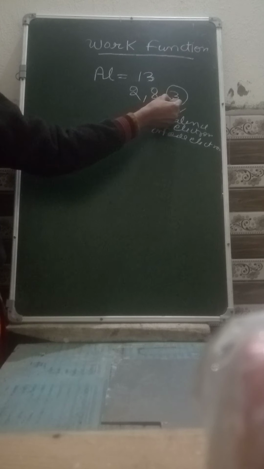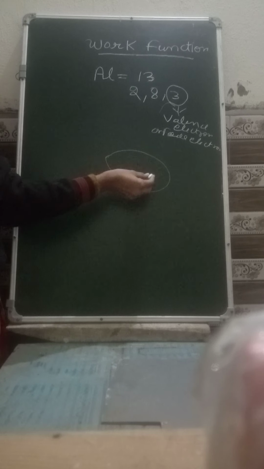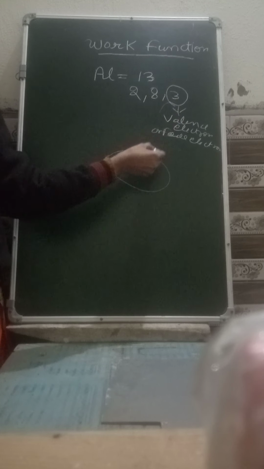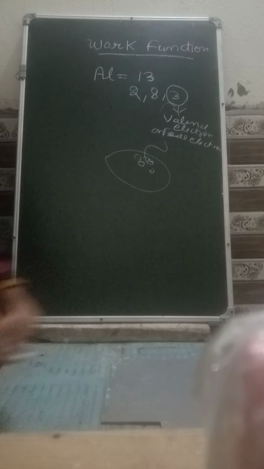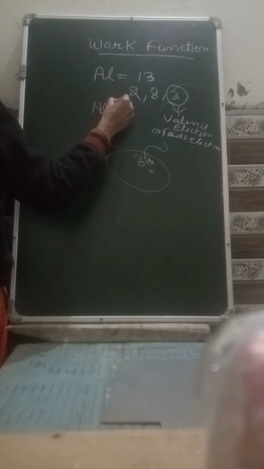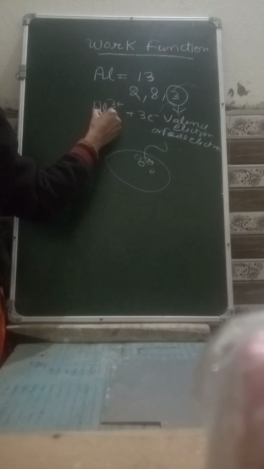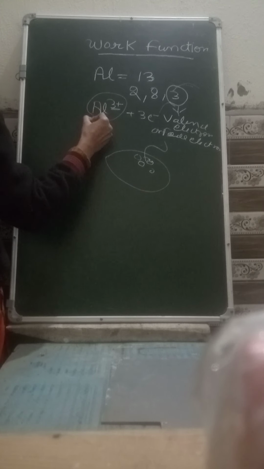But these electrons cannot come out easily from the metal surface. This is a metal surface, and on it there are free electrons. These electrons cannot come out easily. Even if these 3 electrons move out, what will happen? This aluminium will gain a positive charge, and it will become an ion.